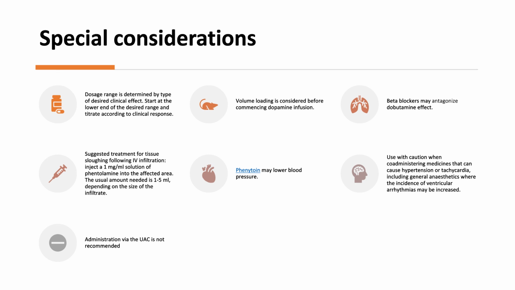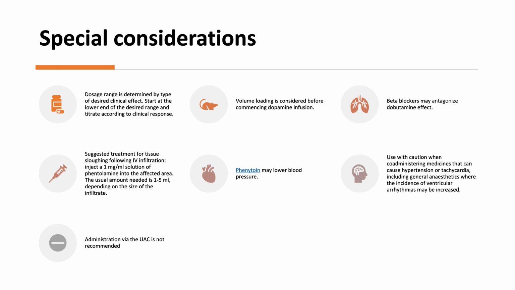Make sure that the patient is not on a beta blocker, as beta blockers antagonize the effect of dobutamine. If the patient suffers from seizures and is on phenytoin, make sure to monitor blood pressure, as phenytoin will increase the hypotensive effect of dobutamine.